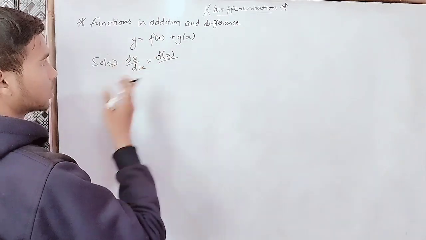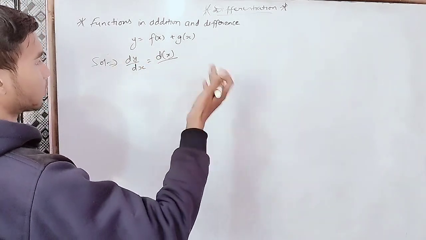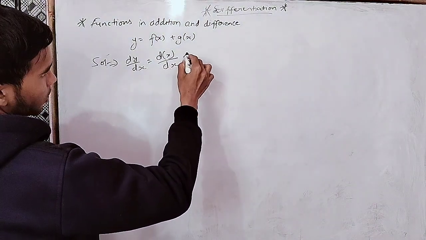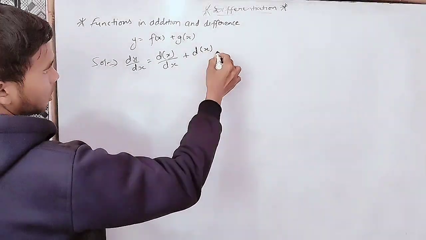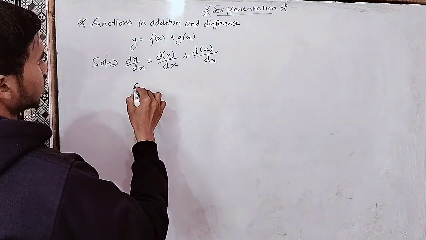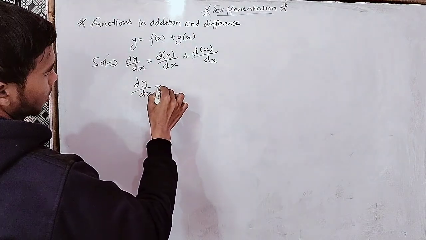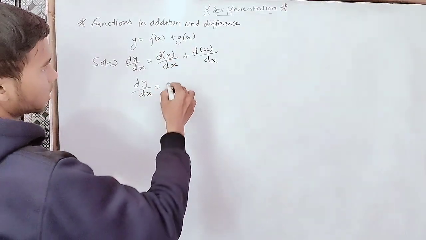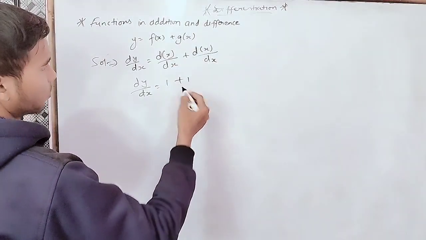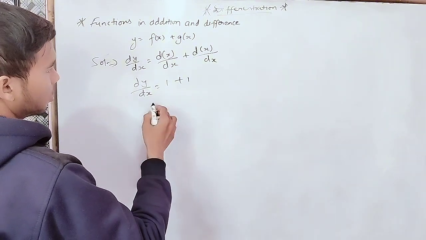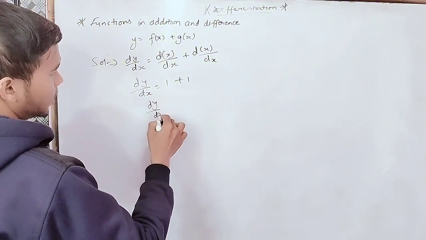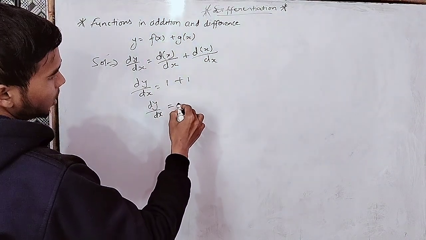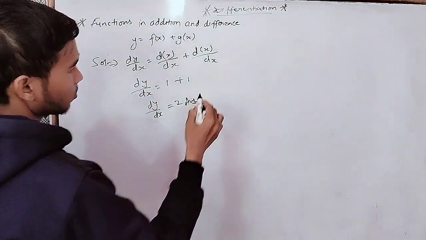That's why we are changing to differentiation, then dx by dx. So differentiation of x is 1, differentiation of x is 1. Yeah, dy upon dx is equal to 2.